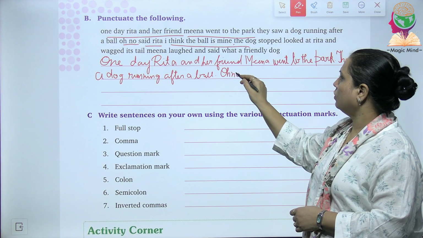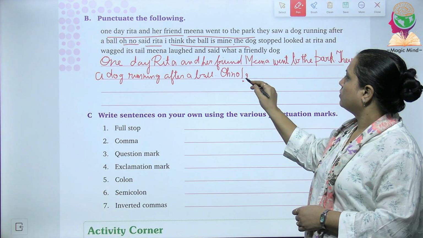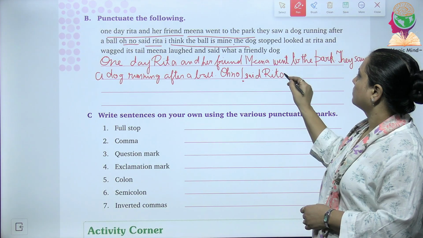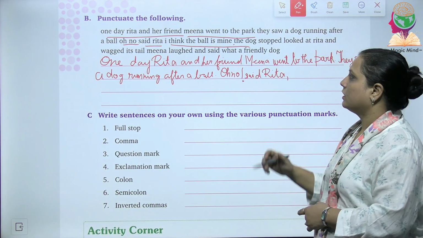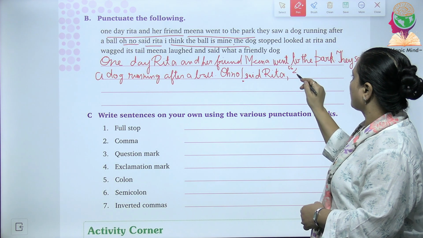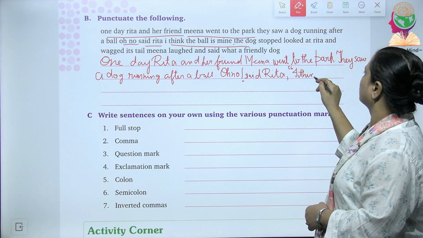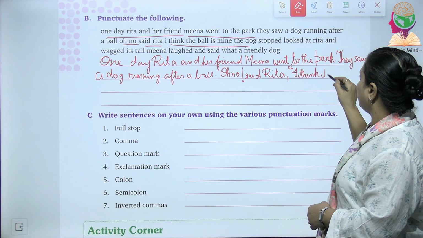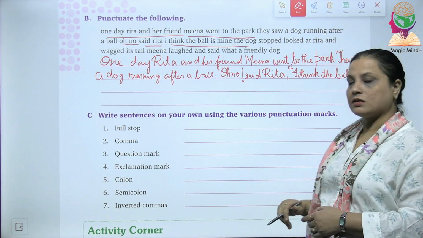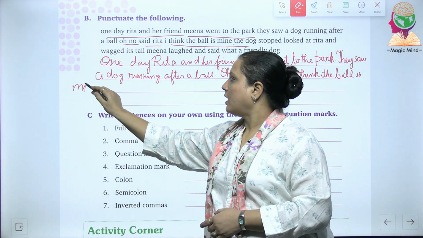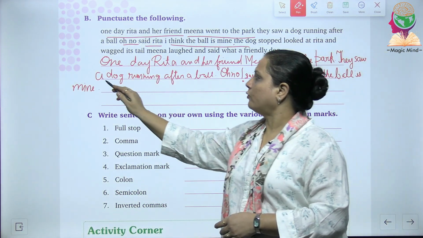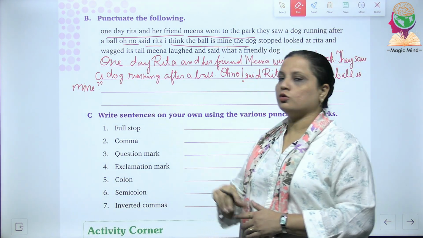Oh, no, said Rita, then a comma, and what did she say? She said, I think the ball is mine, and after mine we will put a full stop, and don't forget to put the quotation mark also.